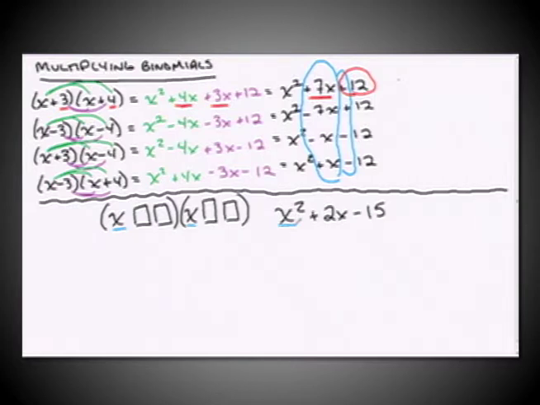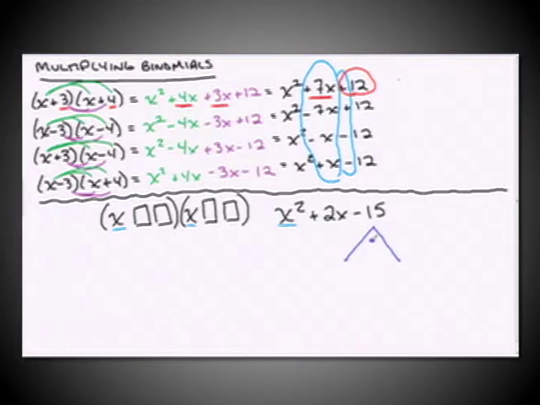So in asking yourself the question, what factors of c add to make b, just to remember the process, I always set myself up something that I call the factoring TP. And I draw what looks kind of like a TP underneath.